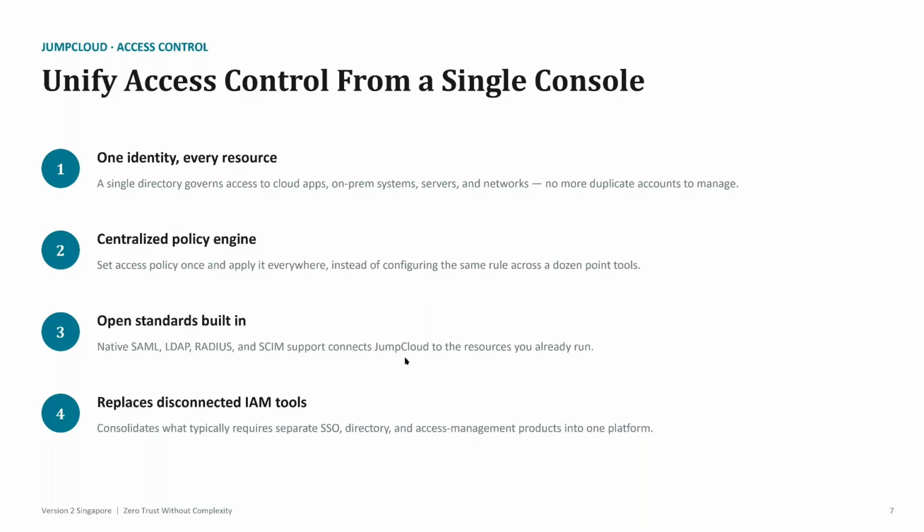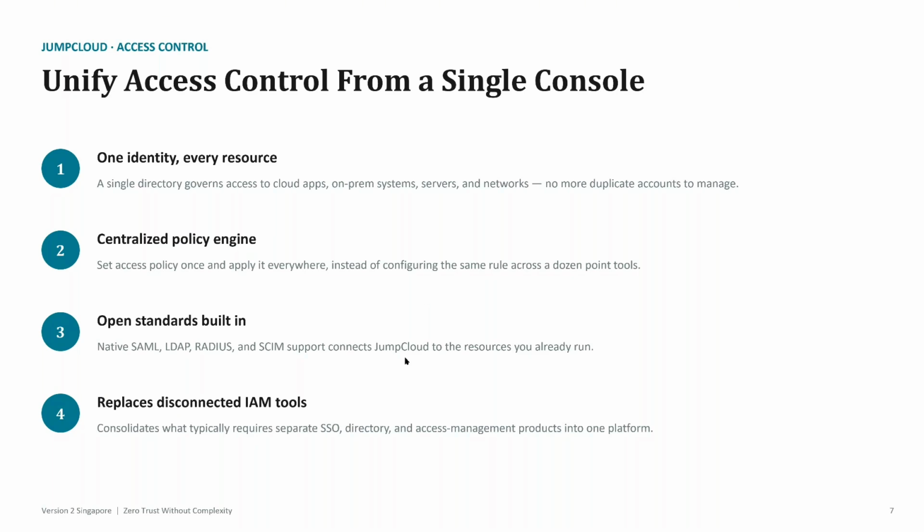So you can use only one identity, integrate with every source or application, and apply it to all of your cloud applications, on-prem systems, servers, network, endpoints and SaaS. So no more duplicate account management. You can manage your credentials through JumpCloud. No matter if it's multi-source and multi-destination, you can manage all of them with JumpCloud.